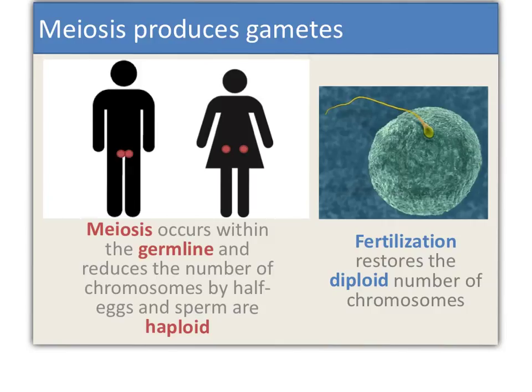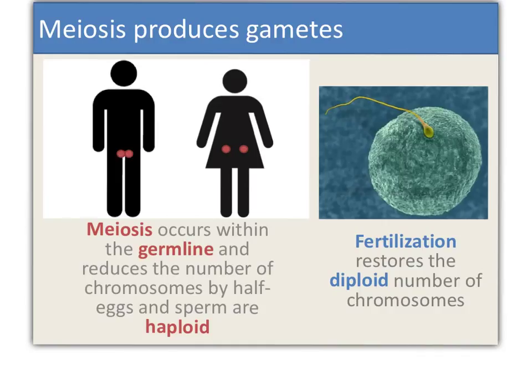So I mentioned you can have asexual reproduction. A lot of bacteria do it. A lot of eukaryotic cells do it. Some eukaryotic cells do both, sexual and asexual reproduction. But in sexual reproduction, we have meiosis.